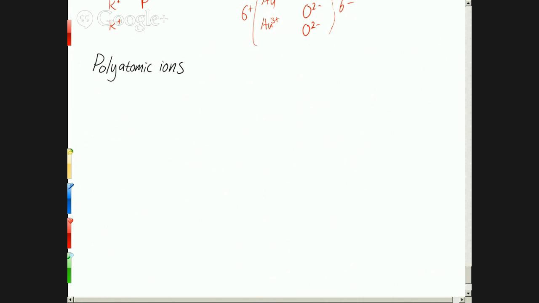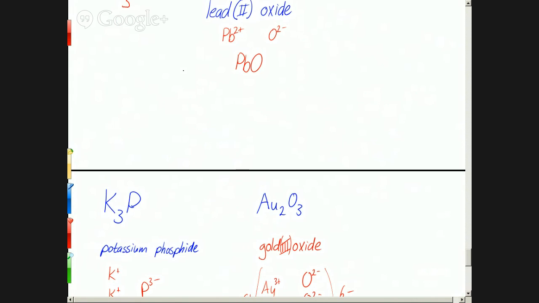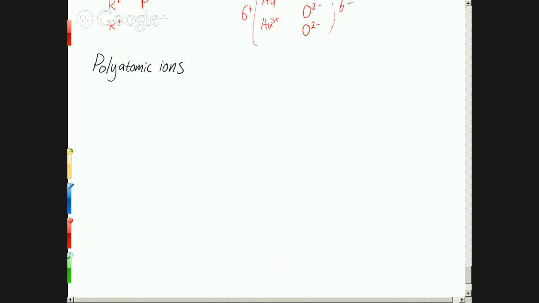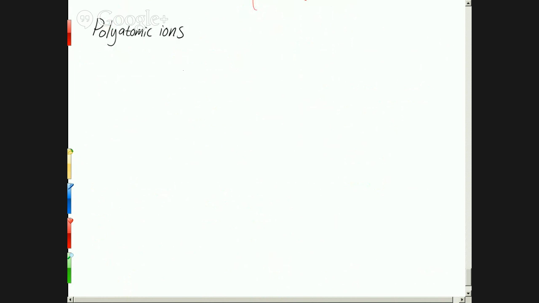So if you notice, when we go back here, in all of these examples, there's just been one type of atom for each ion, like a lithium ion or an oxide or a phosphide or a bromide, whatever. There's actually lots of ions that have multiple nonmetals in them, and we have to think about them a little bit differently.